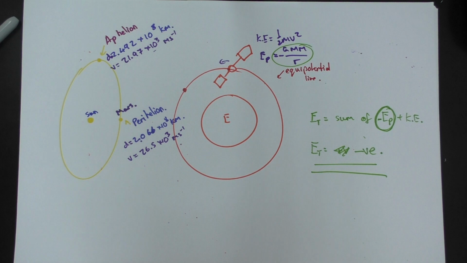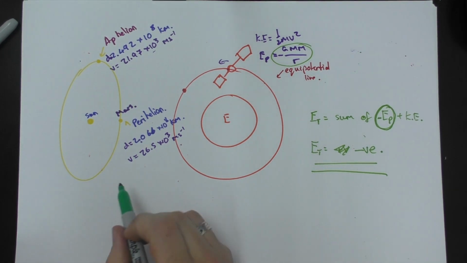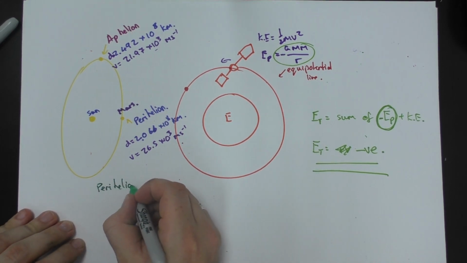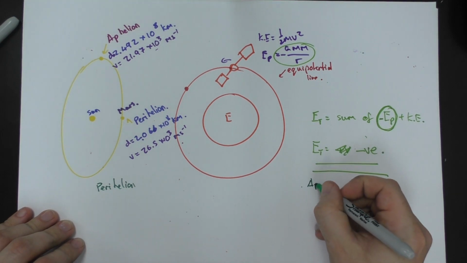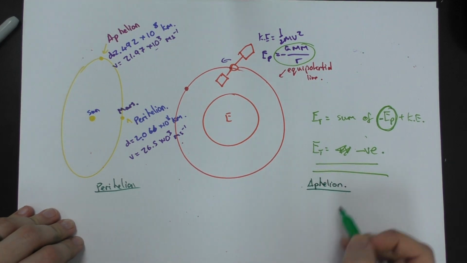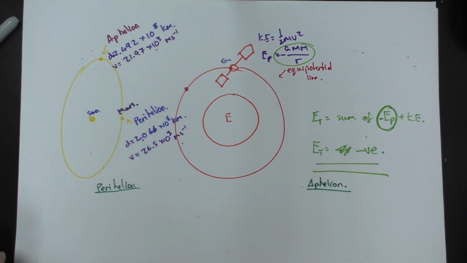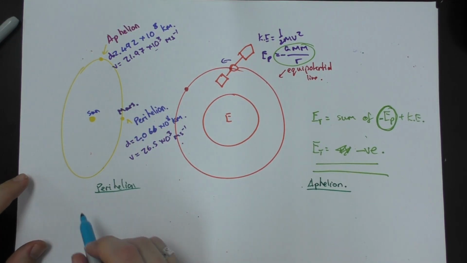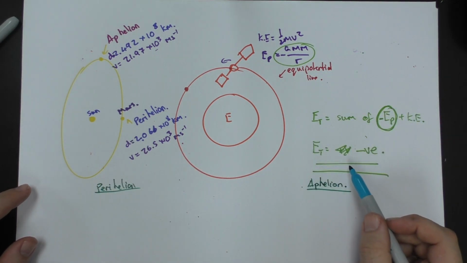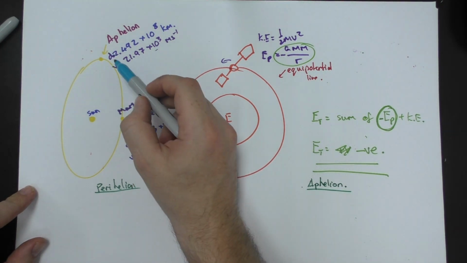So let's look at some of the calculations we can do around this. I'm going to do the perihelion here, and I'm going to do the aphelion here. And hopefully it'll all fit. Okay, so with the perihelion, that's this one right here, we want to work out and show that the total energy at this point is the same as at this point.